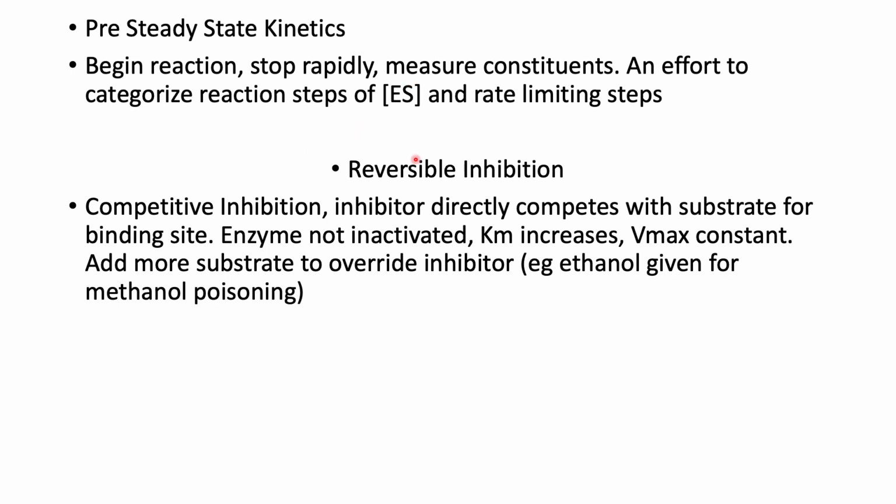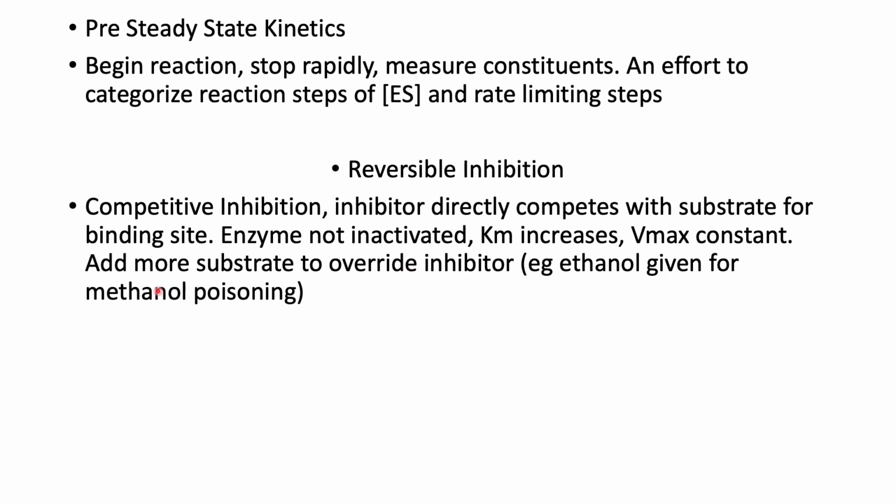You can also get reversible inhibition, and there are different types of inhibition, and they all have characteristic appearances on the Lineweaver-Burk plot and can be characterized quite nicely. The most common of these is competitive inhibition, where the inhibitor directly competes with substrate for the binding site. The enzyme is not inactivated, and the Km increases, Vmax is constant, and you can override the inhibitor by adding more substrate.